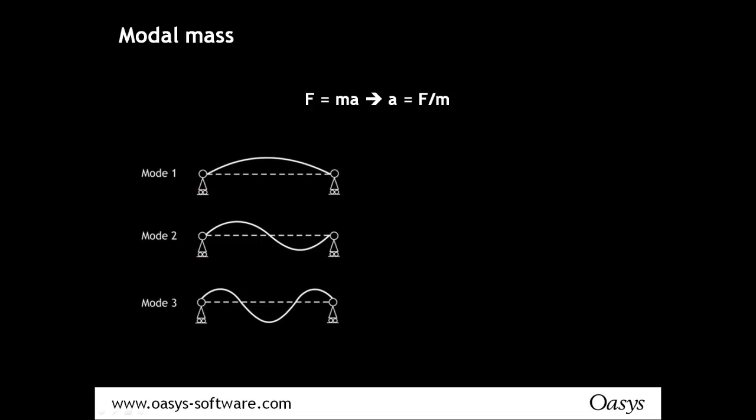Now, because of this, it's not so much the frequencies which give the acceleration. So, for example, you could have a short beam, and being short it naturally has high natural frequencies, but because it's short, it's got a low modal mass, and therefore can give high responses.